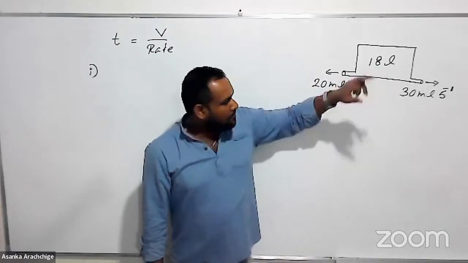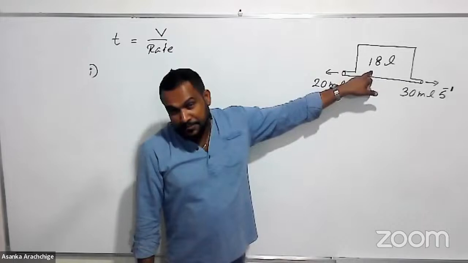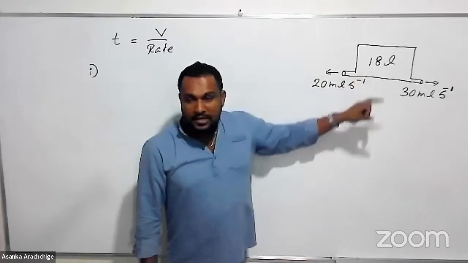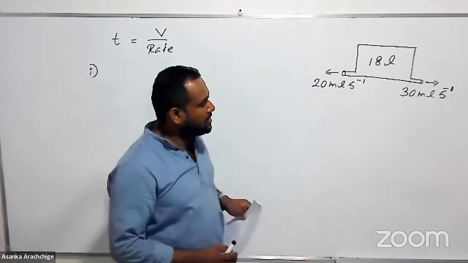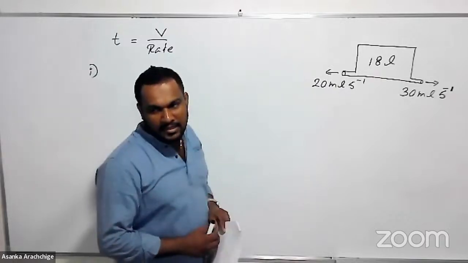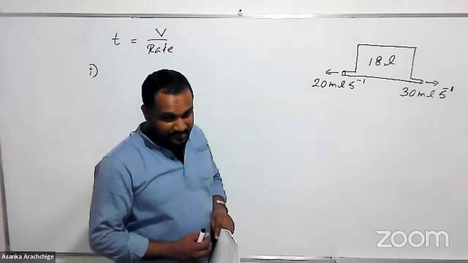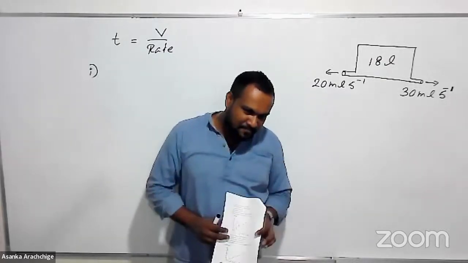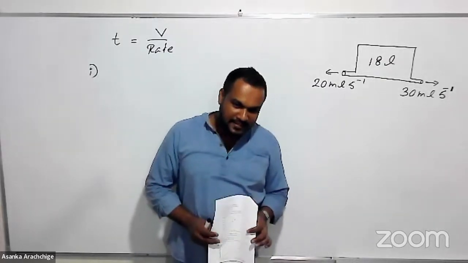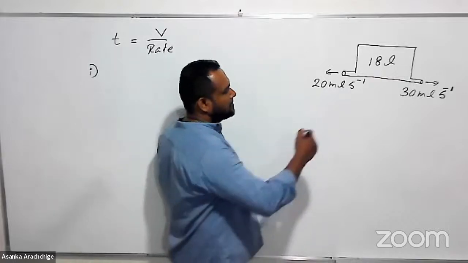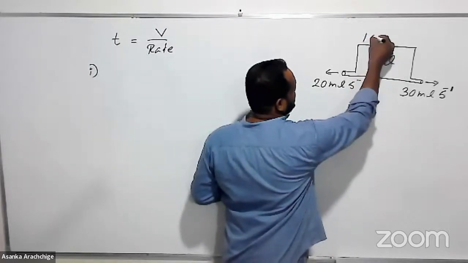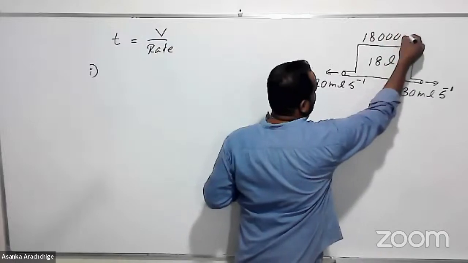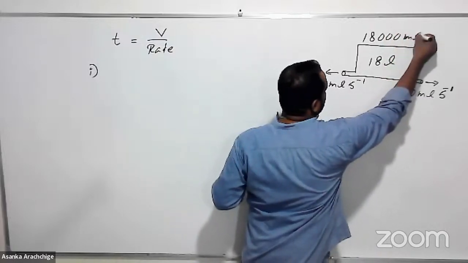Therefore, first you have to convert 18 liters into milliliters. How many milliliters are there in 1 liter? 1000. 18 liters is 18,000 milliliters.